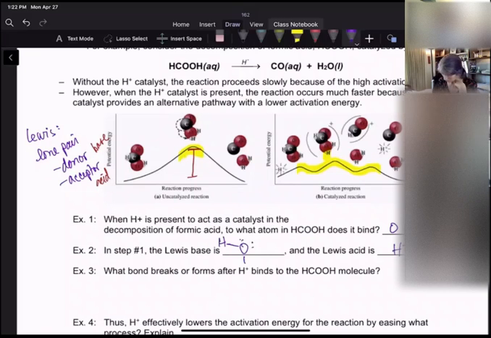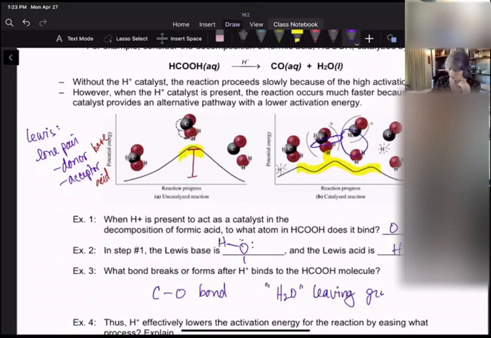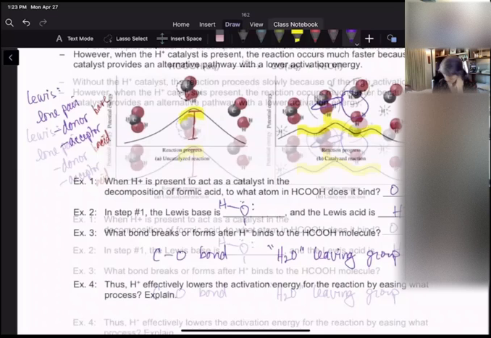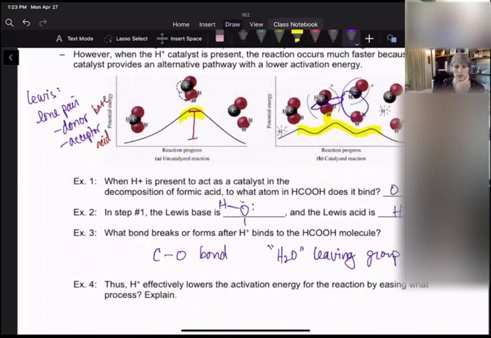Okay, what bond breaks or forms after that binds? That is the CO bond, right? Right here. So that means we have water as a leaving group, which you'll see a lot of in organic, right? So it leaves that water molecule. So what process is easier because of the catalyst?